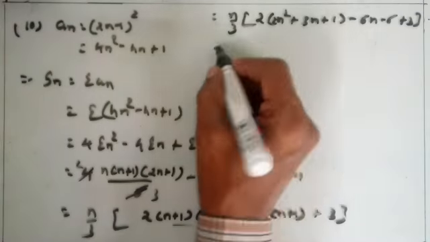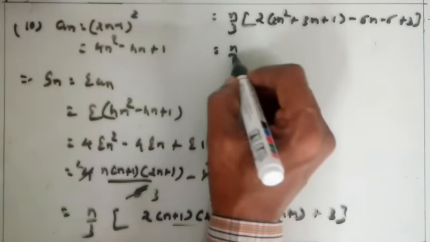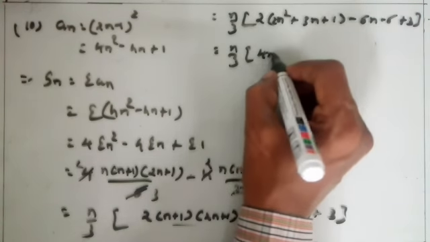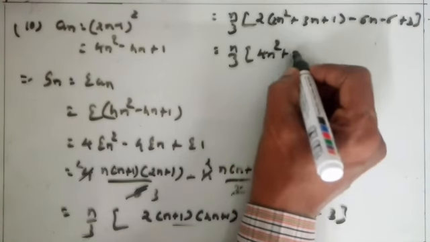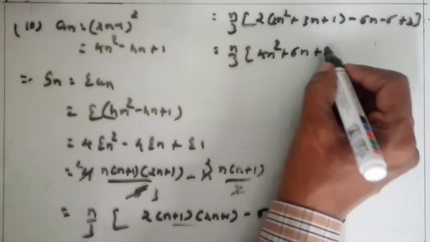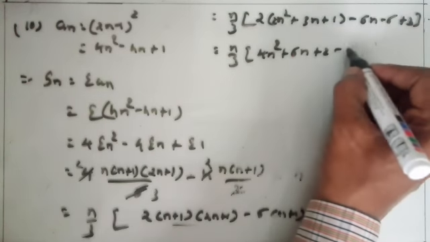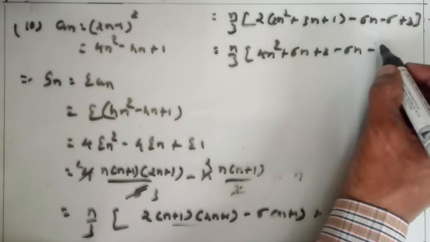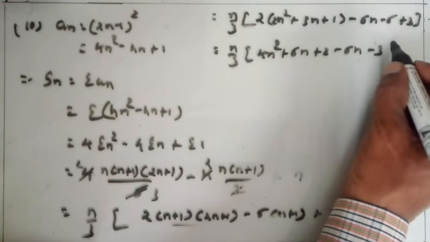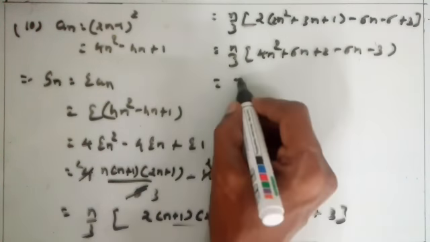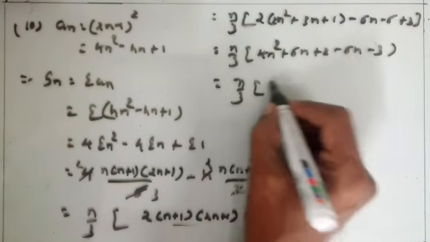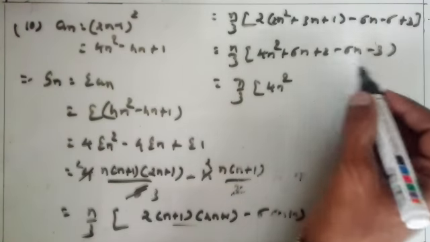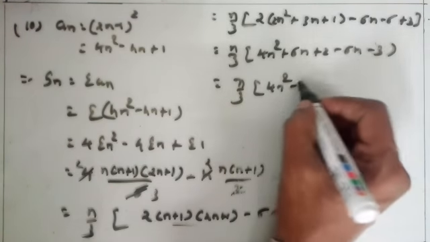Clear? So it is equal to n by 3 into, 2 take inside, so 4n square plus 6n plus 2 minus 6n, here minus 6 plus 3 becomes minus 3. So it is equal to n by 3 into, here 4n square, 6n plus minus cancel, minus 3 plus 2 becomes minus 1.